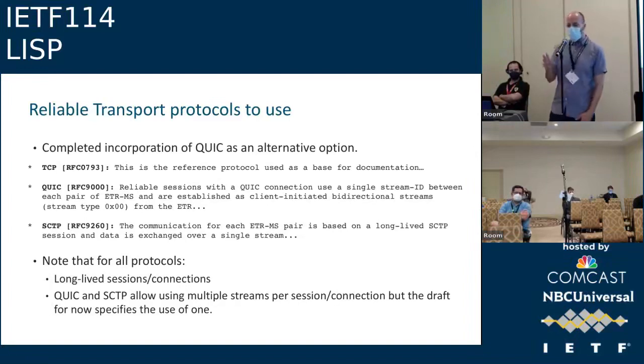But since we are using this for a very specific interface and very specific messages between ETR and map server, for now the draft just reduces this to a single stream. If you have different experience and you think we should specify multiple streams, we can always do that. Okay, next slide.